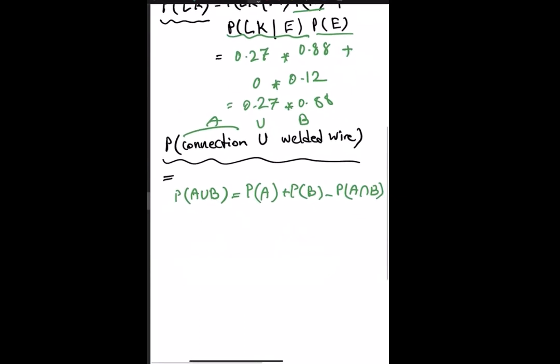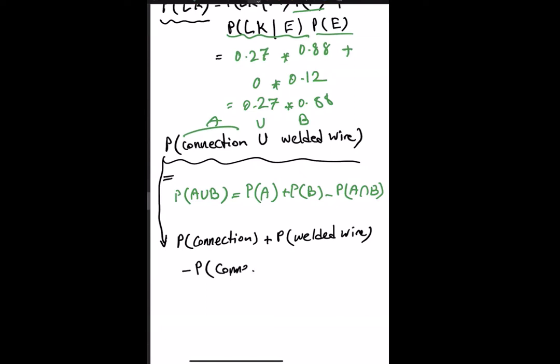Okay, so now how can I write the formula? There's this probability that I want from the problem statement. So it's probability of improper connection plus probability that the error is because of welded wire minus probability that the error is because of improper connection and welded wire.